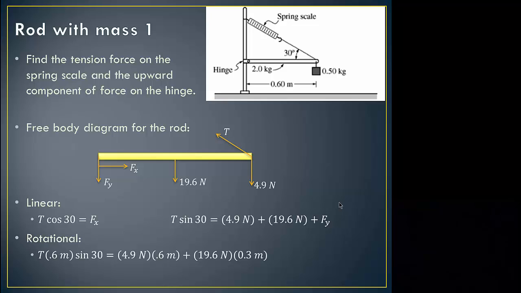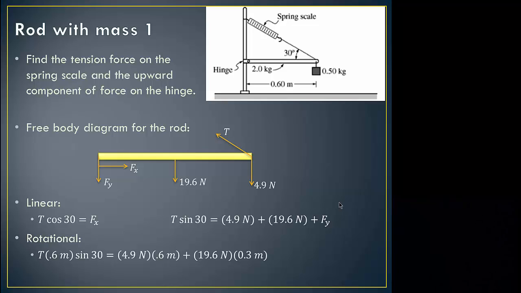So here's the picture on the left: the spring scale, the bar, and the mass hanging out there. In this case, my bar has a mass of 2 kilograms, and it's assumed to be uniform. So the point where gravity acts on that rod is at its center of mass, or its midpoint. The free body diagram is shown here, and I need to look at both the linear equations and the rotational equations for forces.